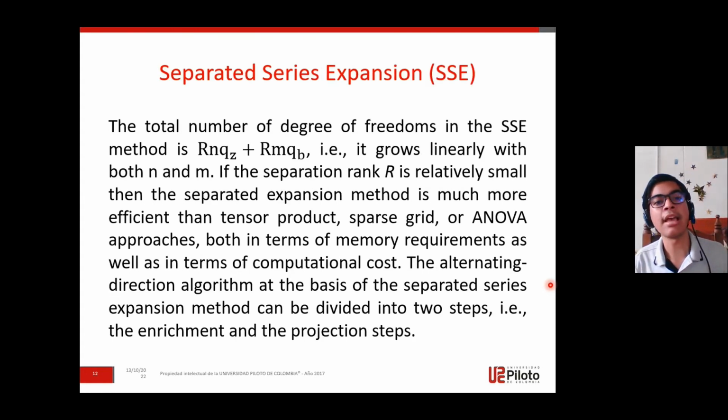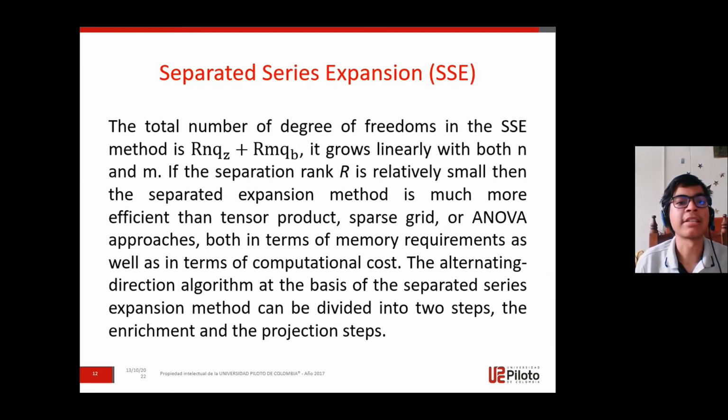The first method is separated series expansion, the SSE. The total number of degrees of freedom in the SSE method is Rnq_c plus Rmq_b. It grows linearly with both n and m.